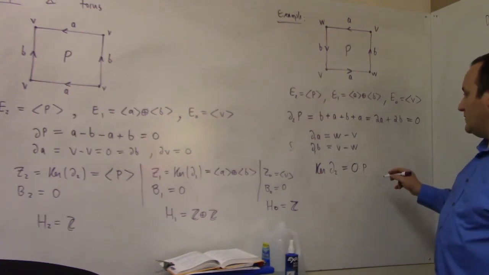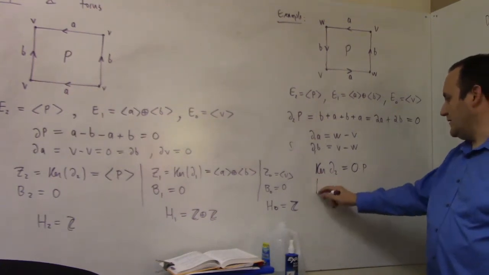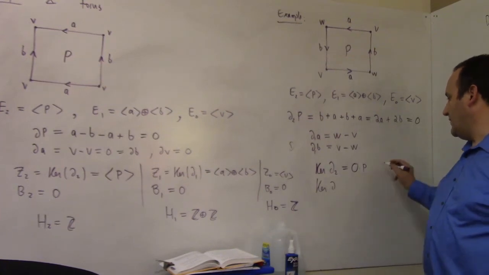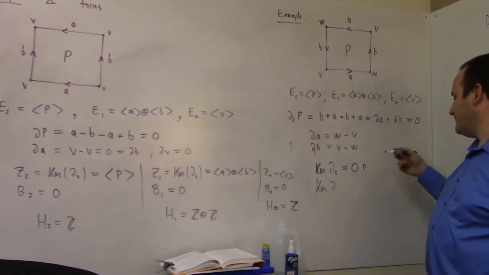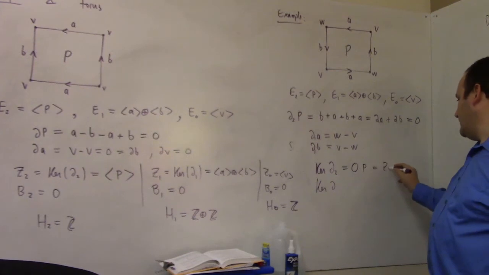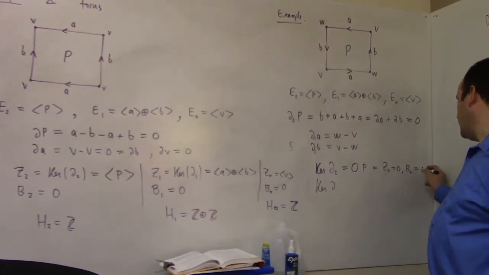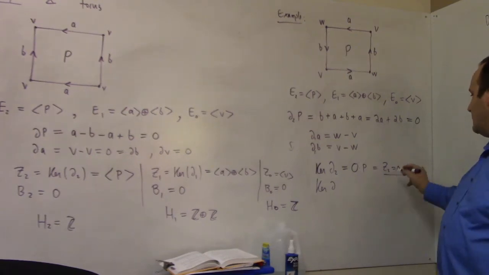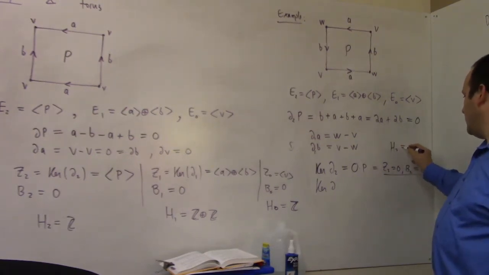What's the kernel of the boundary? So Z2 equals 0, and also B2 is equal to 0, right? So H2 is 0.